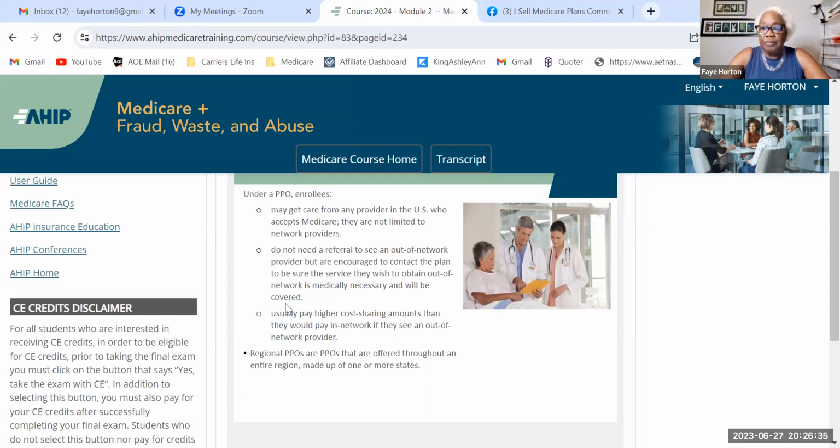For PPO, let's talk about the PPO enrollments. Those are the enrollees who are in preferred provider organizations. They may get care from any provider in the United States who accepts Medicare. They're not limited to network providers.